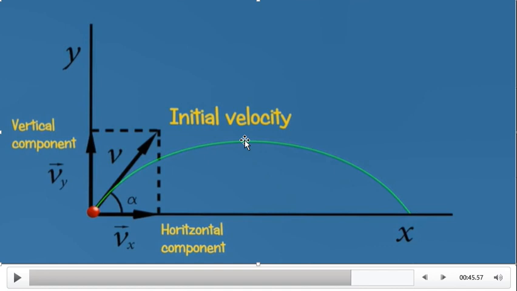Listen again, very important, and usually students are confused here: at the highest position, the vertical component of the velocity will be 0. But in all other points, wherever you take the components, you will get horizontal and vertical components.